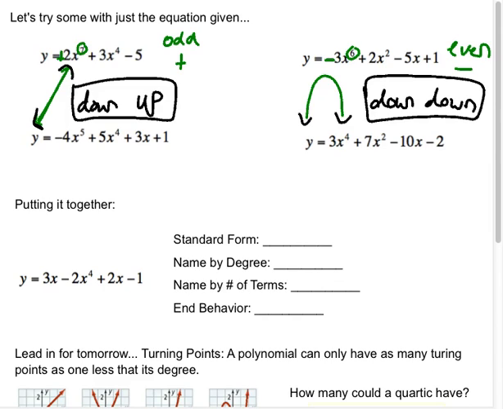Next one. So I see an odd negative. Odd negative means a line that has negative slope. So it's starting at the top and it's working its way down.